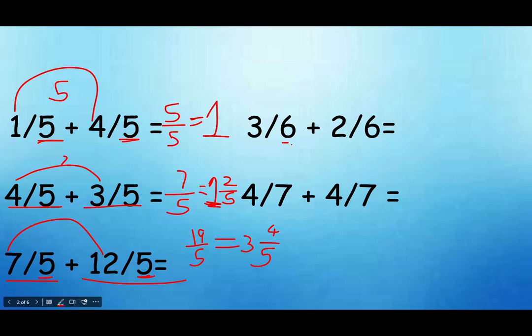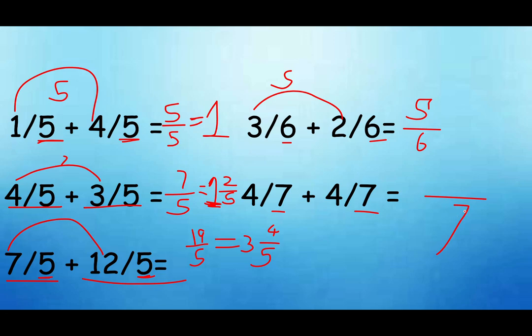Here we have 6 as the denominator, so we can put 6 here. There is 3 and 2, add them, which equals 5. So 5/6. Here 7 is the denominator, so we can put 7 here. 4 add 4 is 8, obviously.